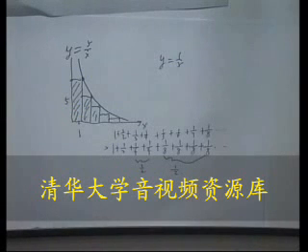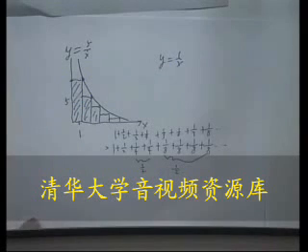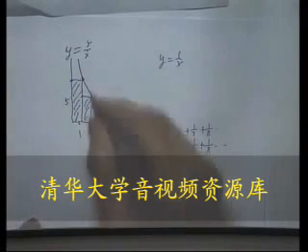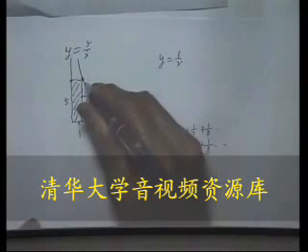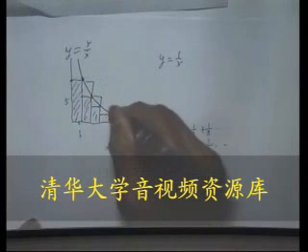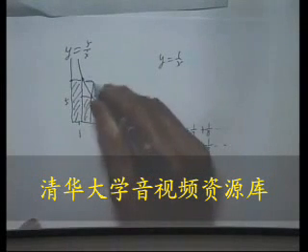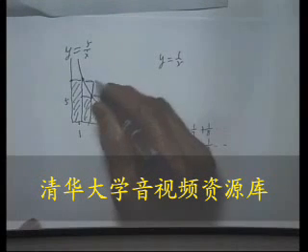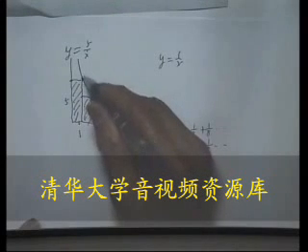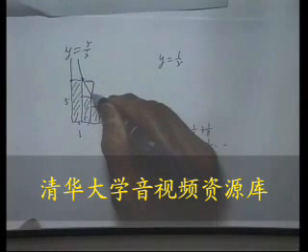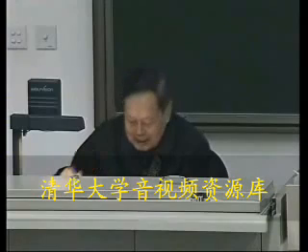Actually, this proof is exactly the same as what that fellow wanted. Only you do it this way. Instead of taking this, you take this. So therefore, all of this is more complicated.